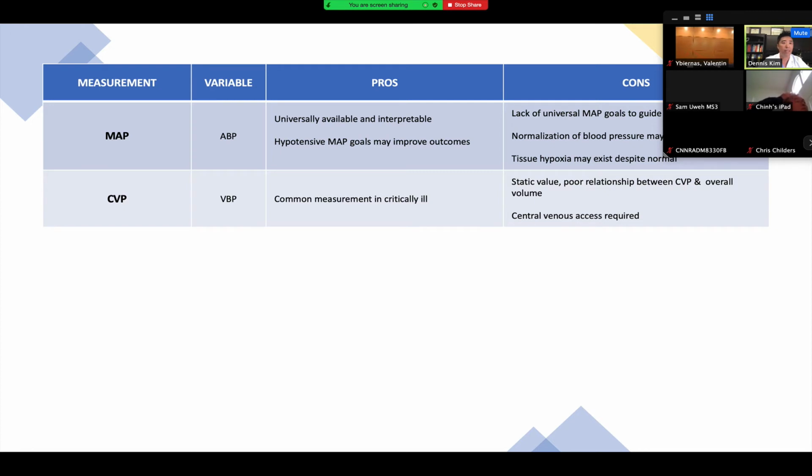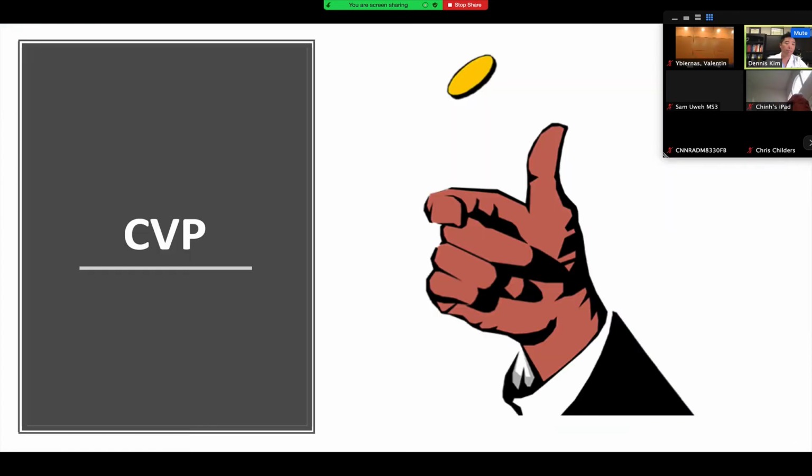CVP, I think these days, for any of you who have been through the ICU recently, this is something that we kind of laugh and joke about. When I was a resident, this is something that we used all the time, and this guided our resuscitation. And so if you weren't intubated on a ventilator and your CVP was less than 8, you got fluids. You were on a ventilator, your CVP was less than 12, you got fluids.